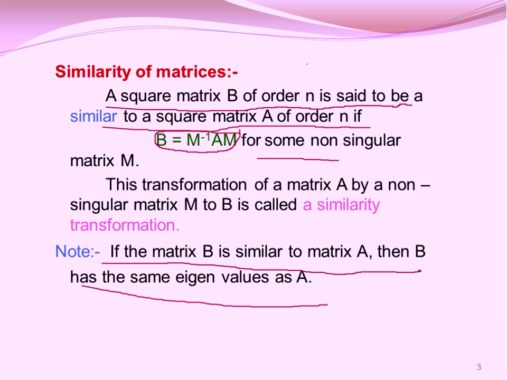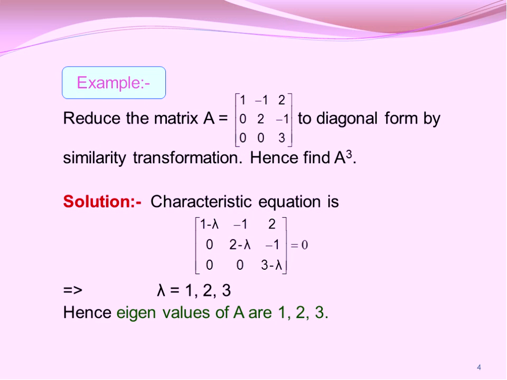Note: if the matrix B is similar to matrix A, then B has the same eigenvalues as A. So these are some definitions and properties.